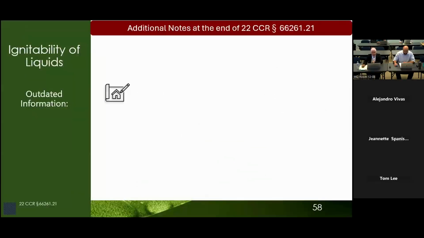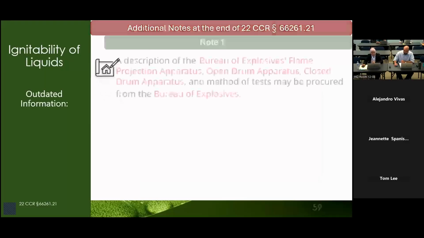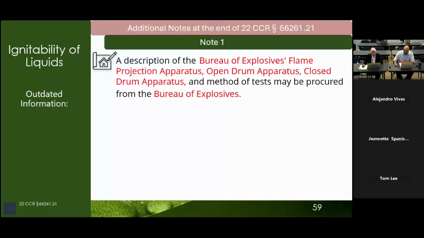One of the examples is the 4 additional notes at the end of the ignitability criteria, which is codified in Title 22 of California Code of Regulations, Section 66261.21, and these notes are outdated or unnecessary to understanding the regulations. These notes specifically talk about past organization structures and outdated regulatory references that are no longer relevant to the current hazardous waste management system.